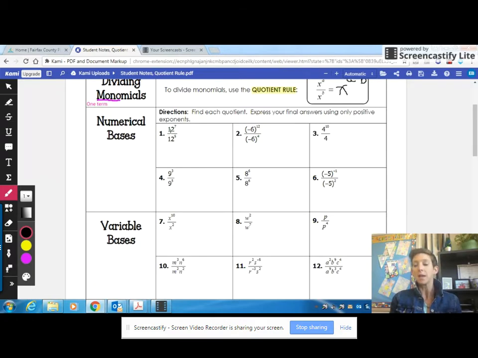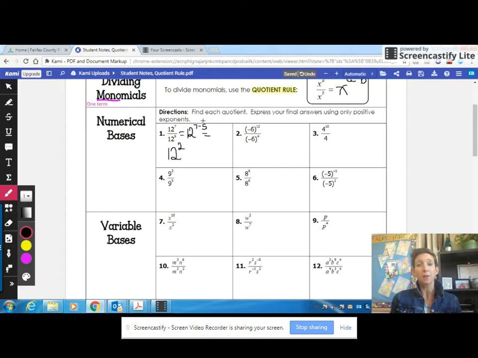So we'll simply begin by rewriting 12. Then we take our exponent in the numerator, 7, and subtract the exponent in the denominator, 5, from 7. We know that 7 minus 5 is 2. So to express this answer, we would write 12 to the 2nd power.